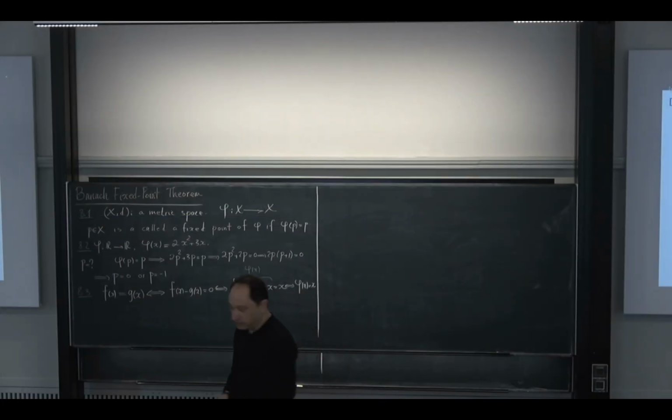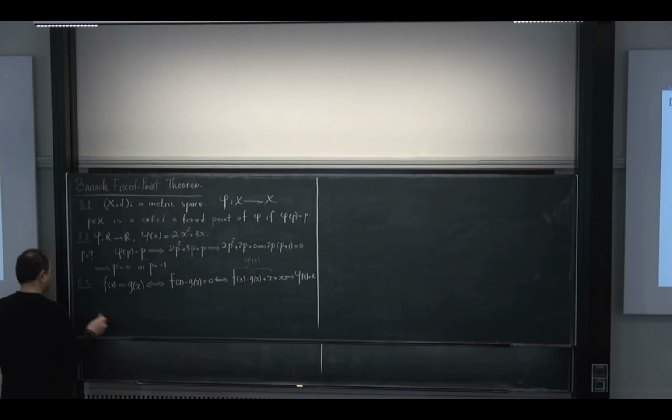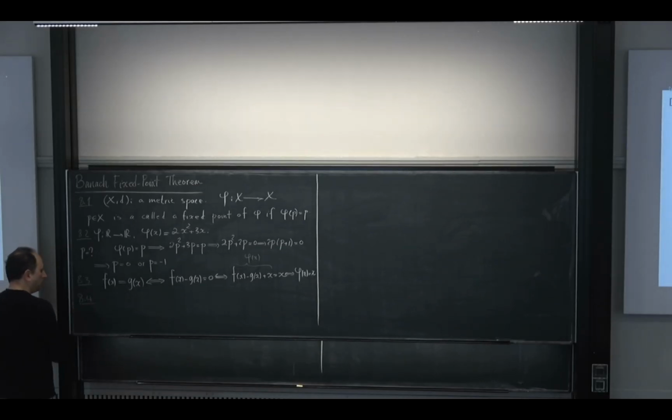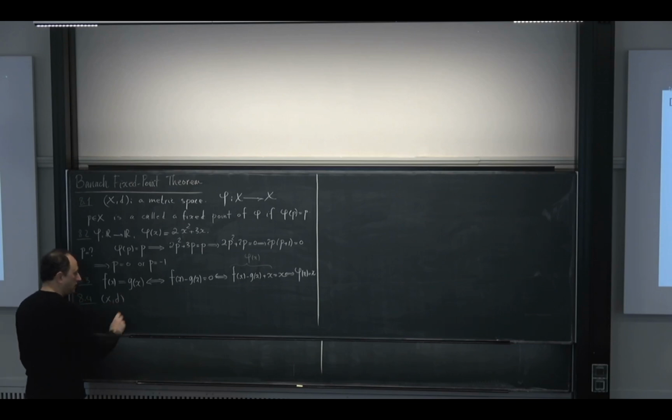So if I want to write it here on the board, again, what do I have? I have a metric space. Yes, I have a phi from X to X. If I want to call this phi a contraction map, it should have some property.